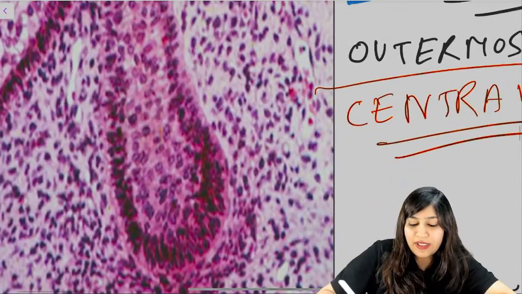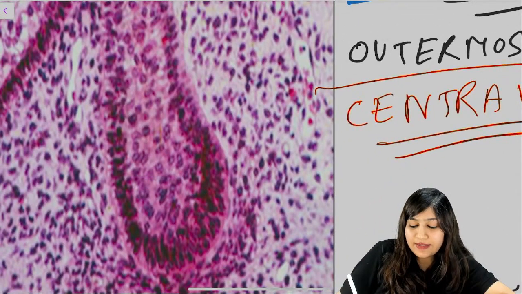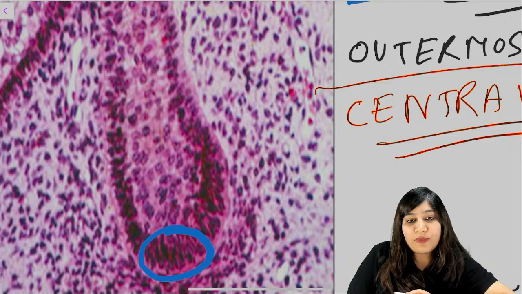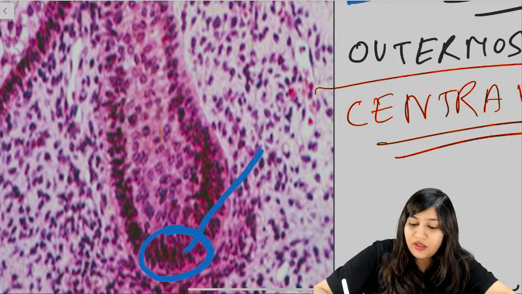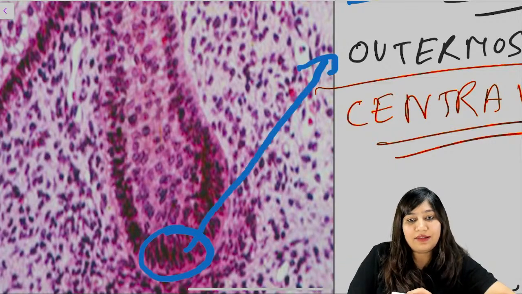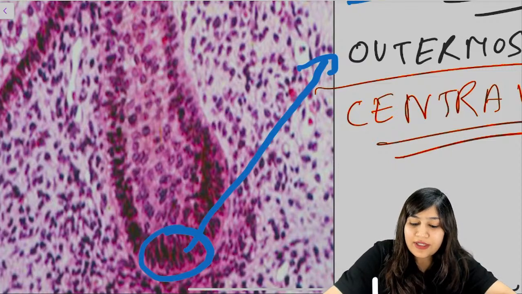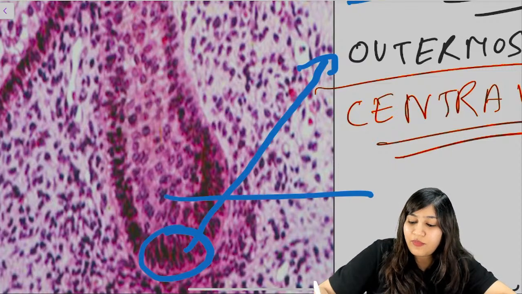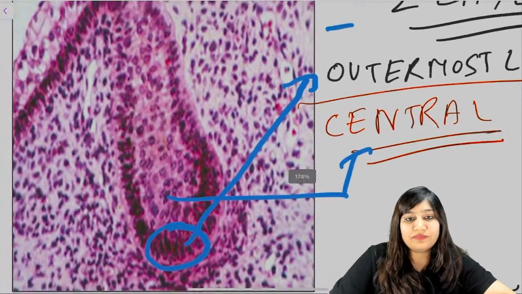In this diagram also we can easily appreciate the difference between the cells. These are our outermost layer, which are low columnar cells, and these are our polyhedral cells.